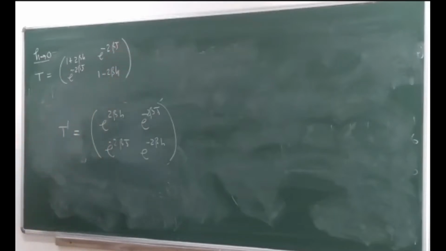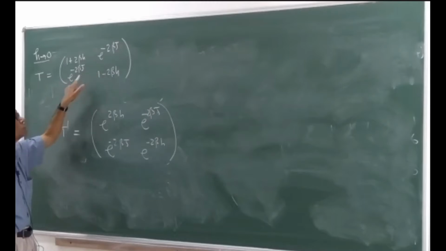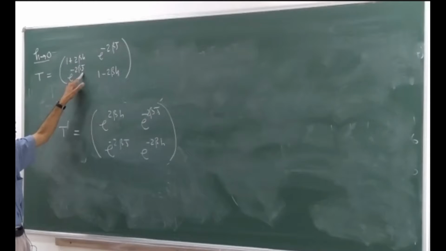This is because after all our interest primarily was in h going to 0. That is where the critical behavior is seen, and the focus is always going to be on small h. Also, if I'm worried about this only near criticality, these two terms are also going to be very small, because criticality is at t equal to 0, where e to the power minus 2 beta J is very small.